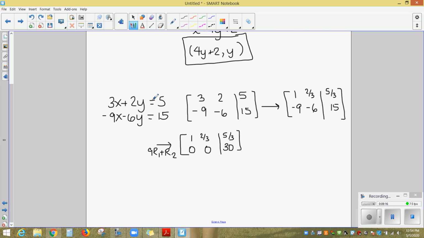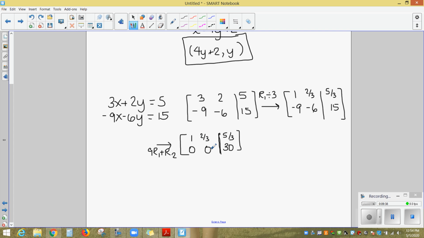On this example here, I said, well, I don't have a 1, so I'm going to divide everything in the top row by 3. And then I'm going to take the top row times 9 and add it to the bottom row. And the same thing happens here on this side to the left of my divider bar. I have a 0 where I need a 1.